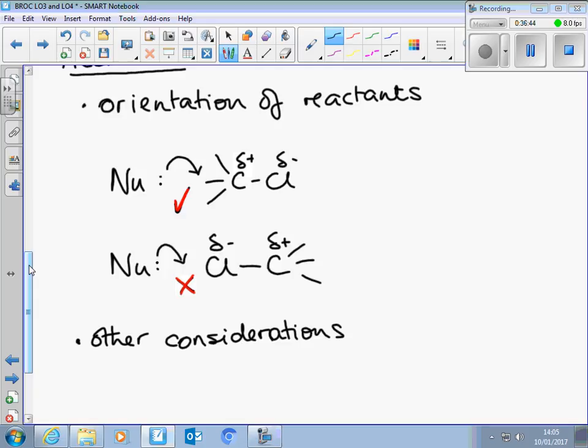And then you've got things like what might actually be leaving a reaction. How stable is that? A leaving group is an atom or group of atoms that leaves a molecule to make way for an incoming group. So H2O, which is nice and stable, of course, is going to be a much better option than a hydroxyl ion that's got that negative charge on it.